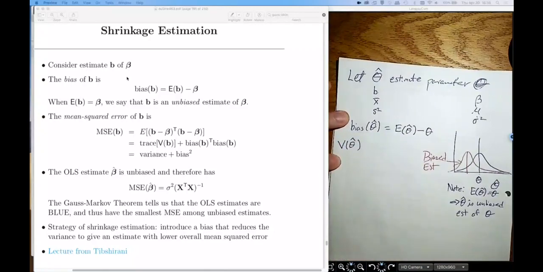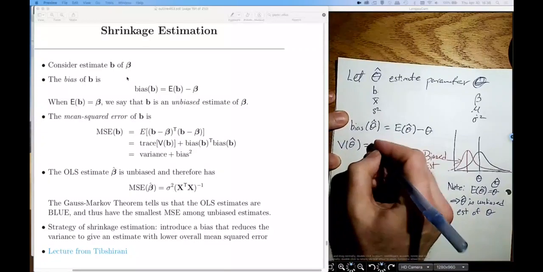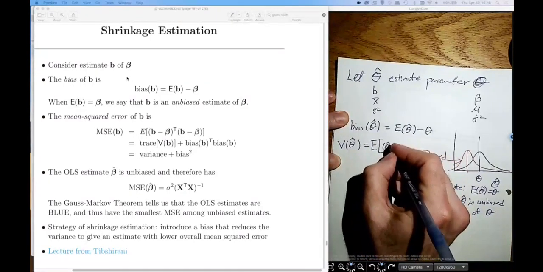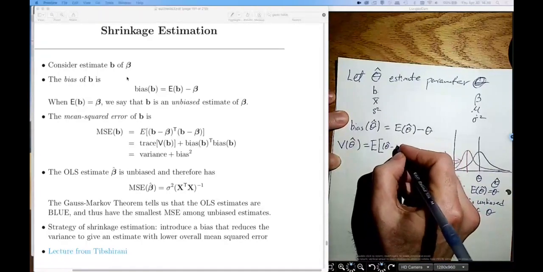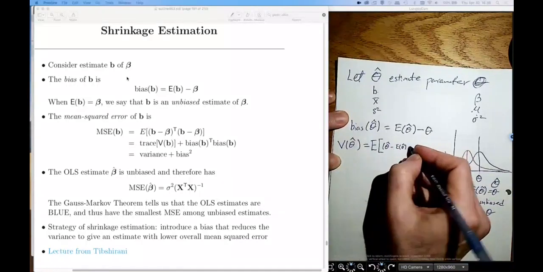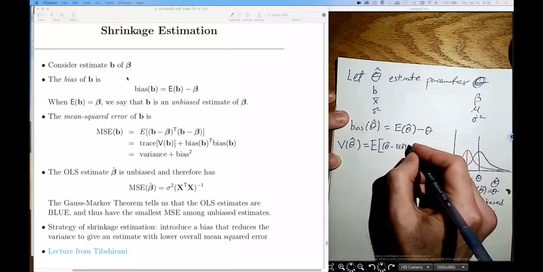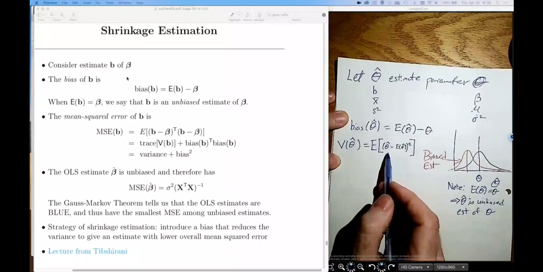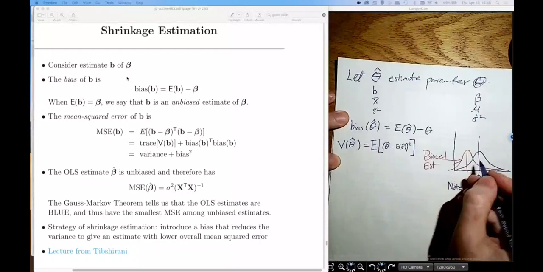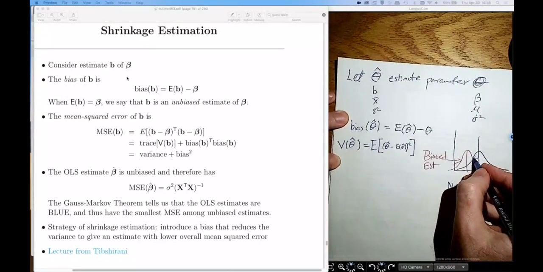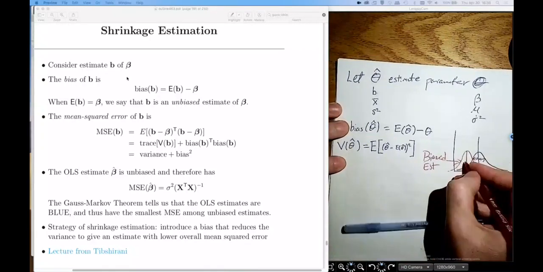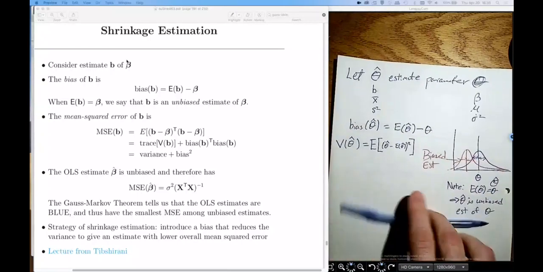So the variance of that statistic is equal to the expected value of theta hat minus the mean of theta hat, squared. This is the typical amount that this statistic is off from its mean.